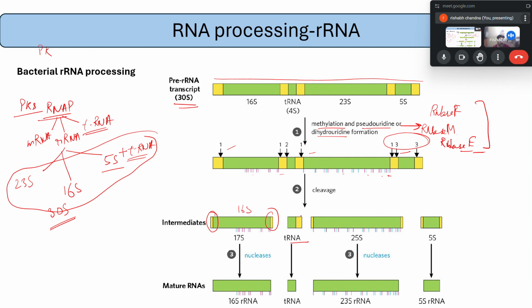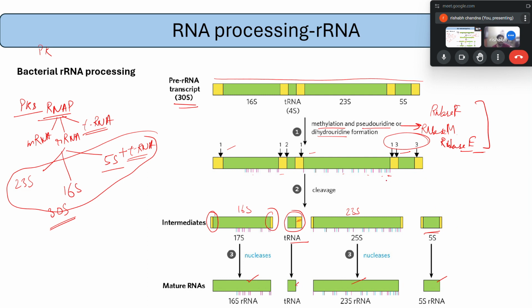Then in the tRNA also we have additional regions. Then we have the 23S precursor, and then we have the 5S RNA. Okay, after the nuclease cleavage, it forms the mature 16S rRNA, then tRNA, 23S rRNA, and the 5S rRNA.